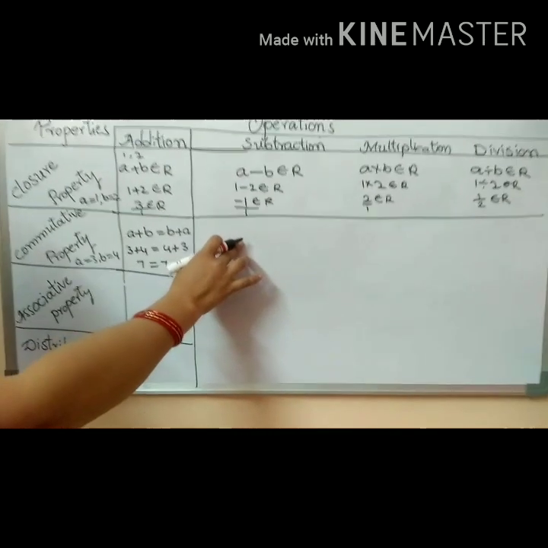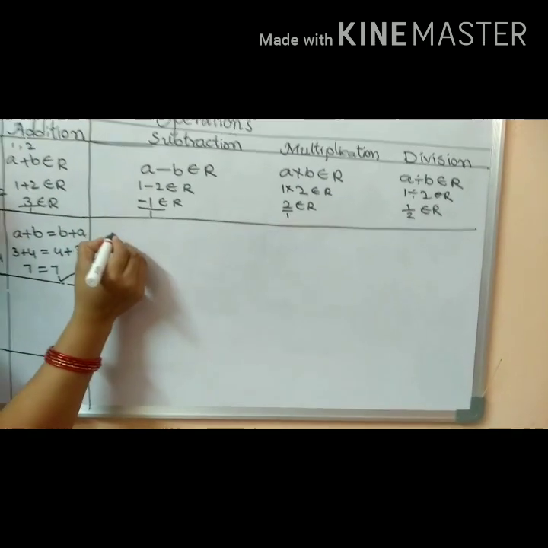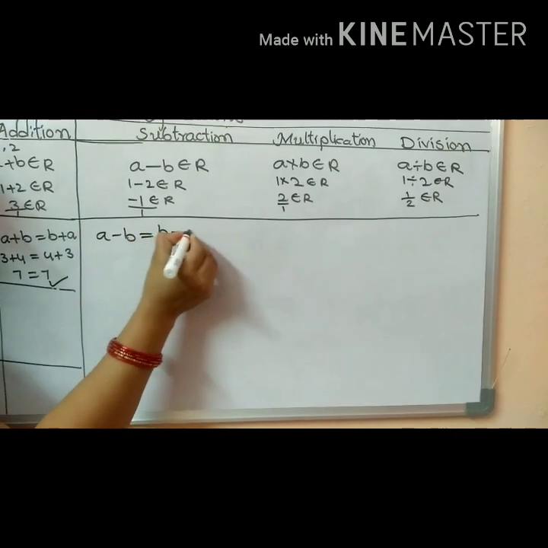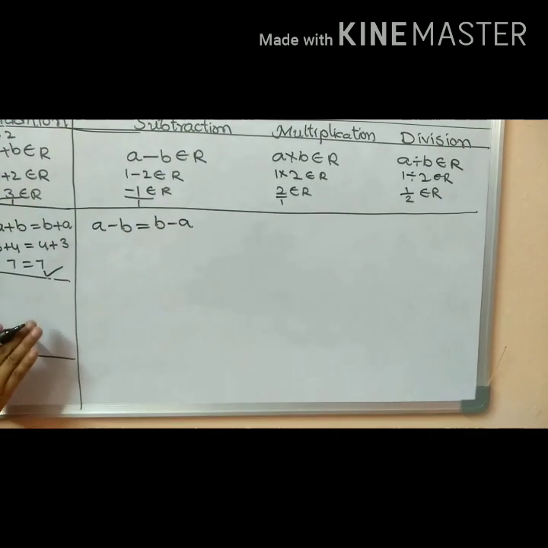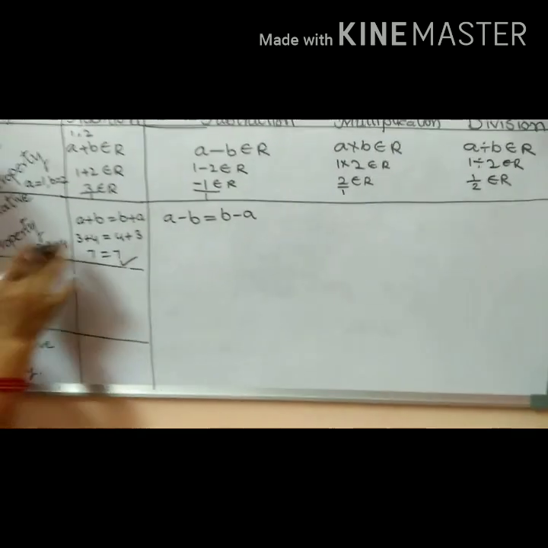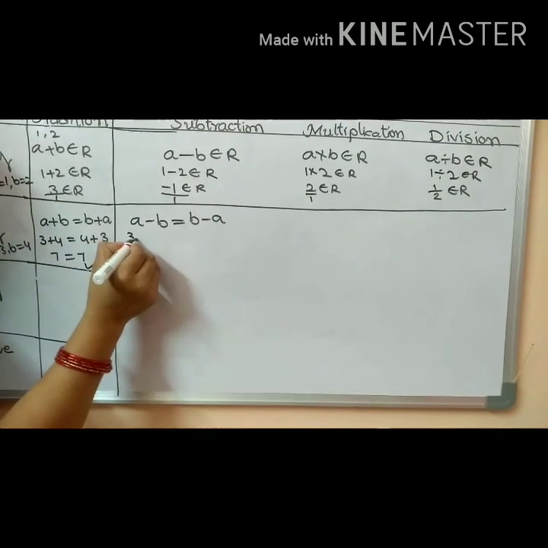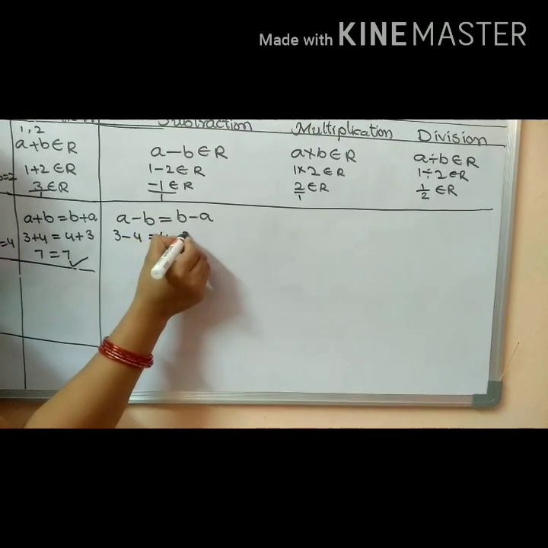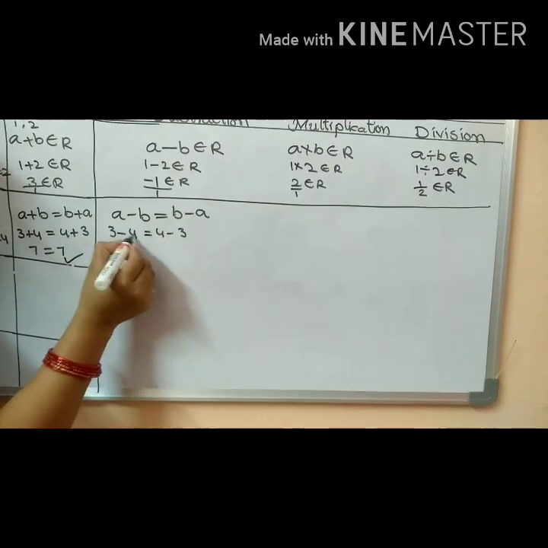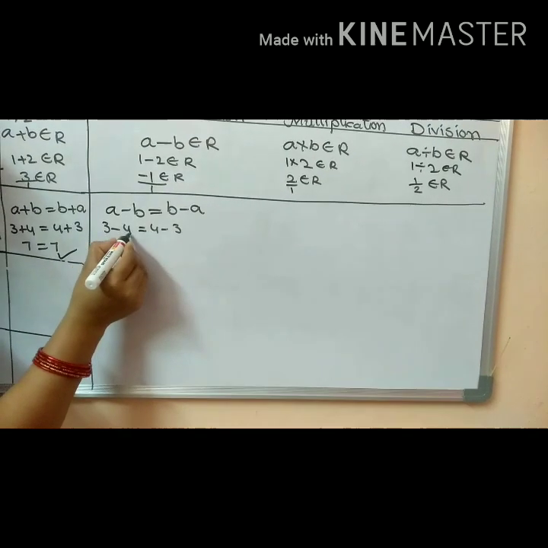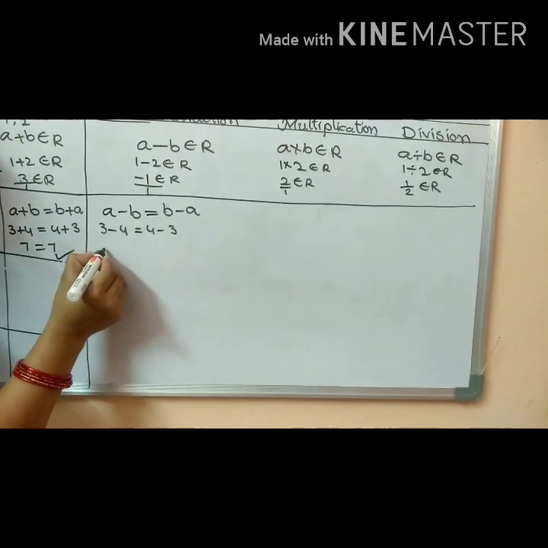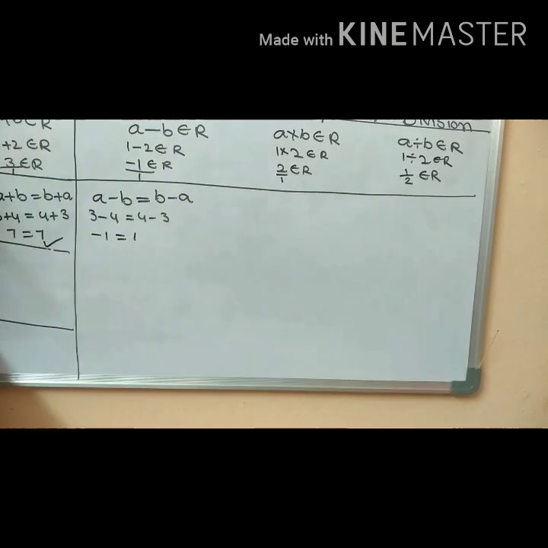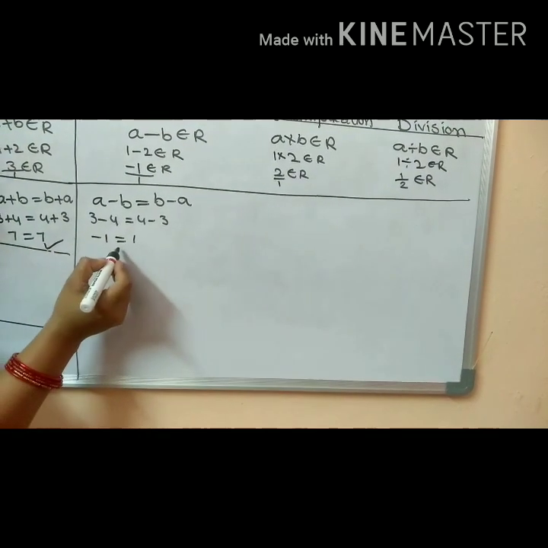Next operation is subtraction. Here, A minus B equal to B minus A. Is it possible or not? Let's check. Here A equal to 3, B equal to 4, so 3 minus 4 versus 4 minus 3. Here 4 minus 3 is 1, and 3 minus 4 is minus 1. So minus 1 is not equal to 1.